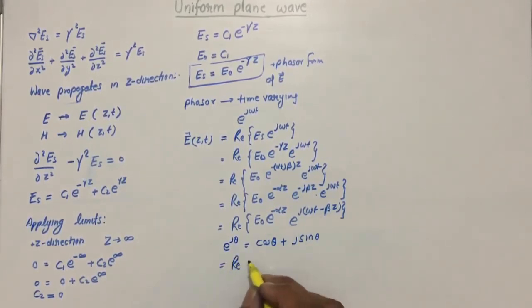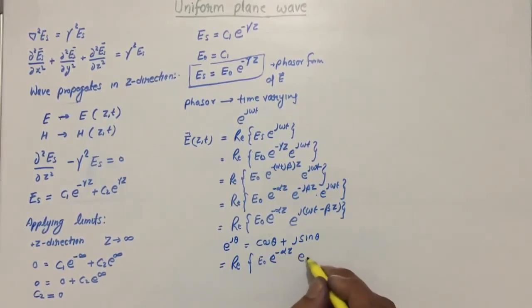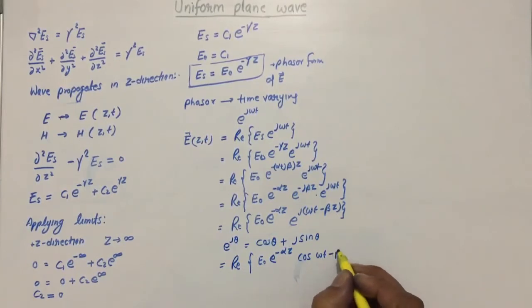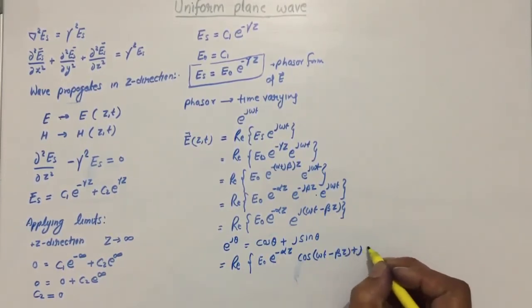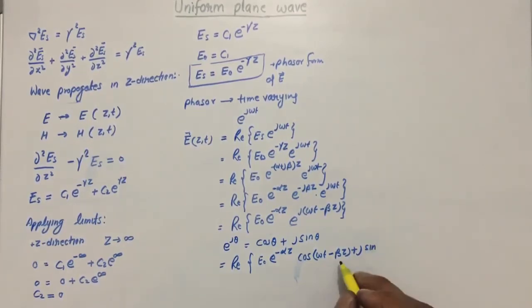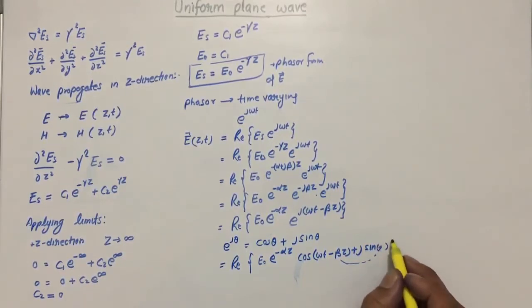So the real part of E naught e to the power minus alpha z will be cosine of theta, this is the full theta, (omega t minus beta z), plus j times sine of this full angle. We can write like that.